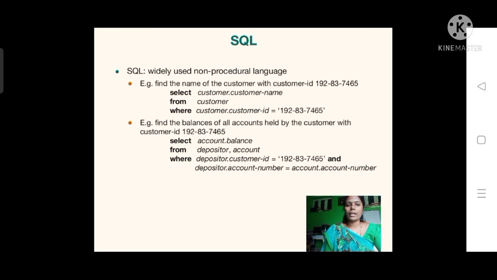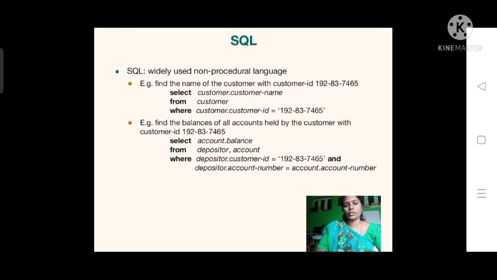For example, find the balance of all accounts held by the customer with the given customer ID. In this, the account balance is fetched by means of the customer ID from two tables: the depositor and the account table. Depositor.customer ID is equal to the given ID, and depositor.account number is equal to account.account number.